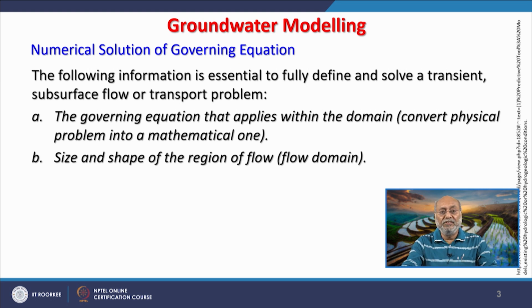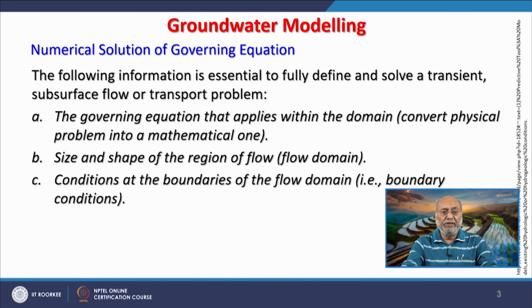Also the size and shape of the region of flow, or you can say the shape and size of the aquifer. That is mainly from the flow point of view. So, this is a flow domain as we mentioned, and the conditions of boundaries. Boundaries are important in such modeling, and we will further discuss what we mean by the boundary of the flow domain, that is, the boundary conditions.